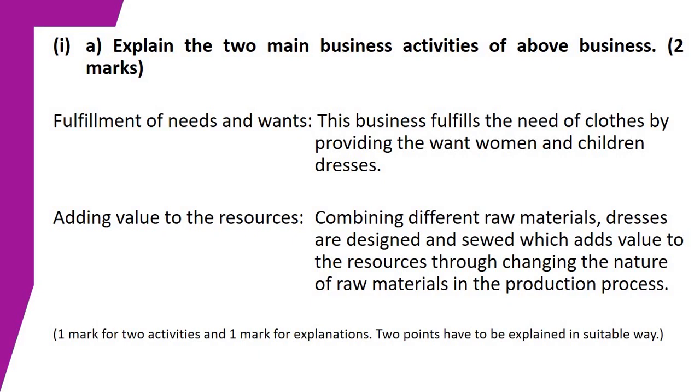So that has to be explained here. Combining different raw materials, dresses are designed and sold, which adds value to the resources through changing the nature of raw materials in the production process. It is enough because this is for 2 marks. No need of large explanations. Very briefly, you can tell what is needed.